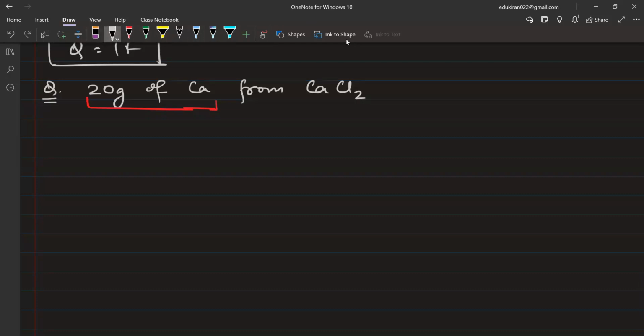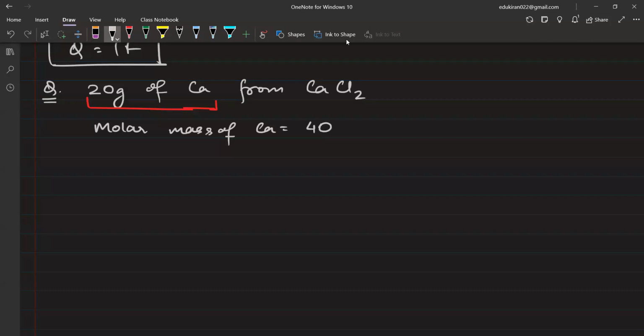What is the molar mass of calcium? 40. Yeah, correct. From here, you can calculate the number of moles.